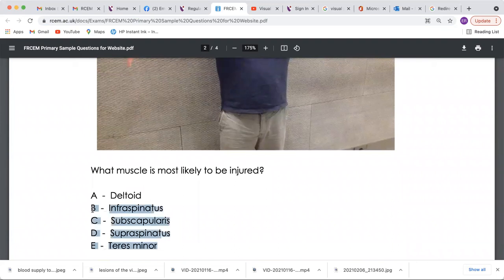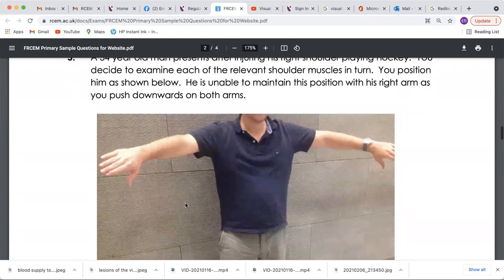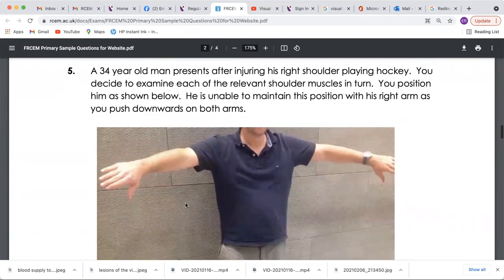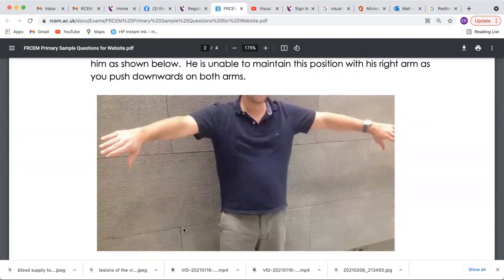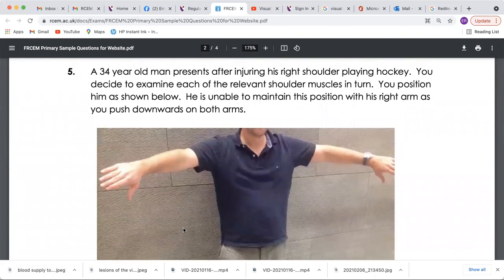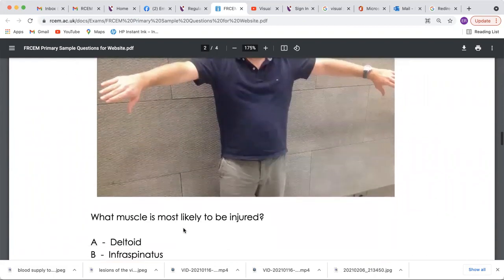So all these four muscles combined together create the rotator cuff. There are individual special tests to examine these muscles. Actually, this is not an easy question for FRCEM primary or MRCEM SPA primary, because this is actually a question for the MRCEM OSCE exam. So I would say don't panic if you don't know the answer.